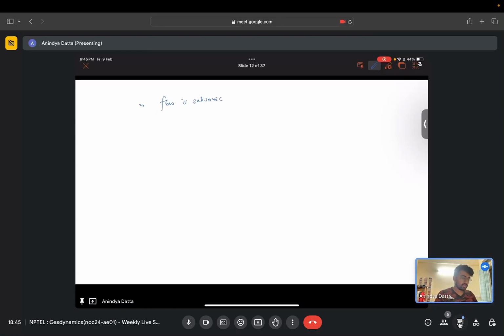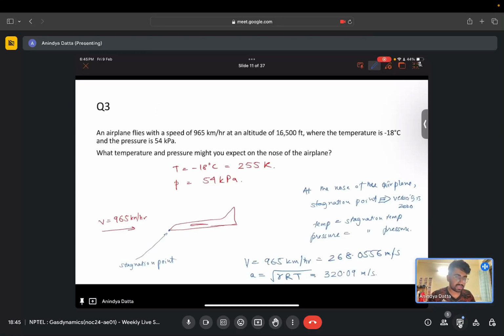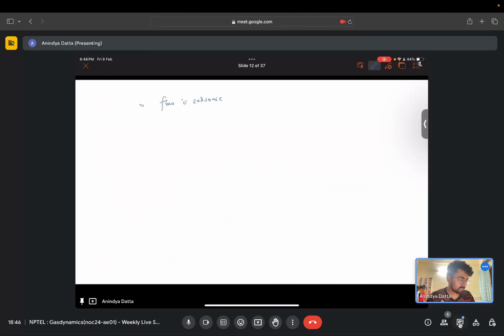Okay, so if we assume that from far upstream to the nose the flow is isentropic, so that it goes to the stagnation state isentropically, we can use the isentropic conditions to find the stagnation temperature and pressure.